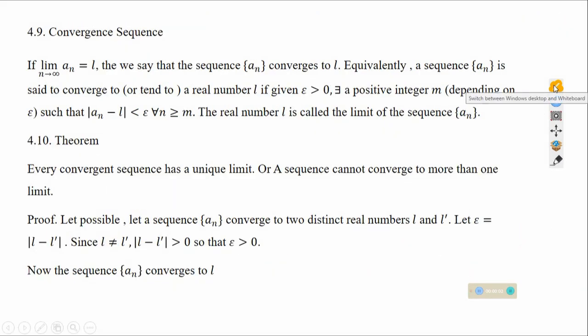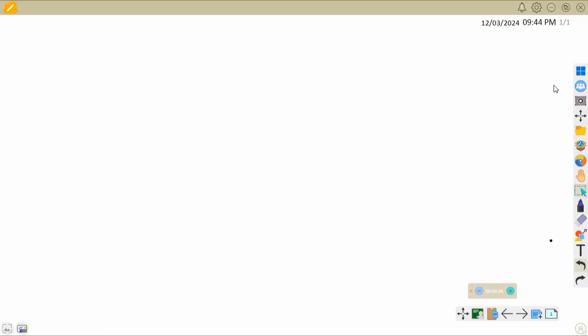To understand better about the limit of a sequence, we can take some few examples. If, for example, you have a sequence a_n, for which the terms of the sequence are defined by 1 over n. We have been looking at this sequence for some time.